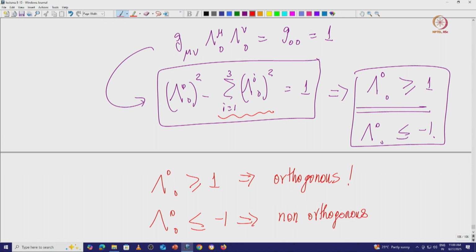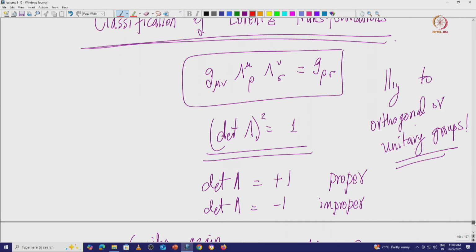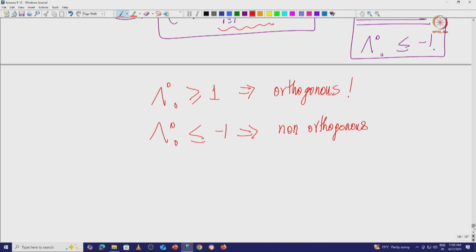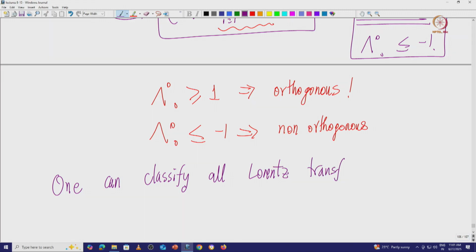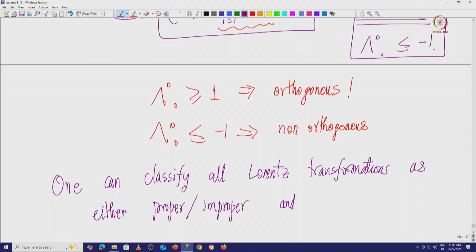So you can classify all Lorentz transformations as either proper, improper, and orthochronous or non-orthochronous.